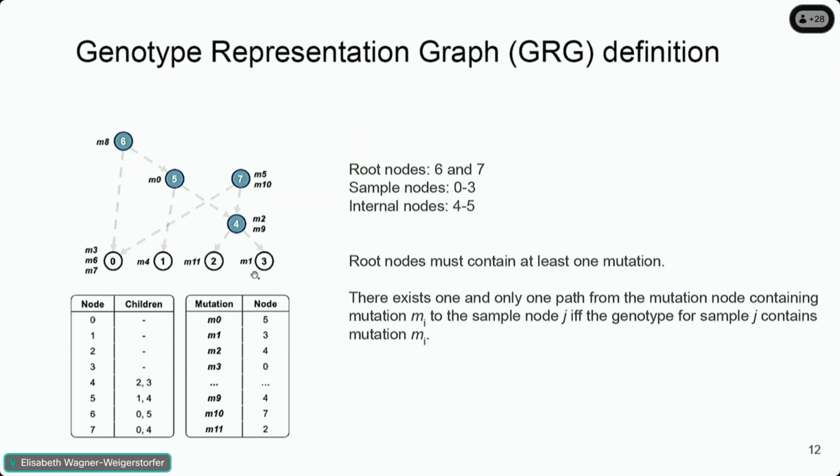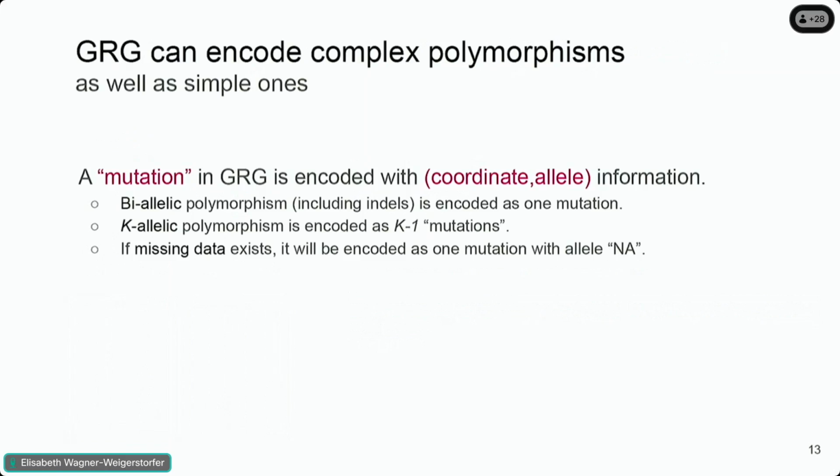And if a node, let's say this node, is not a descendant of node 7, then it wouldn't have the mutation. This is the rule we developed for this graph. There must be one and only one path from the mutation node containing a particular mutation to a sample node if and only if the genotype for that sample node contains that mutation. I'm going to show you what I mean a little bit later.